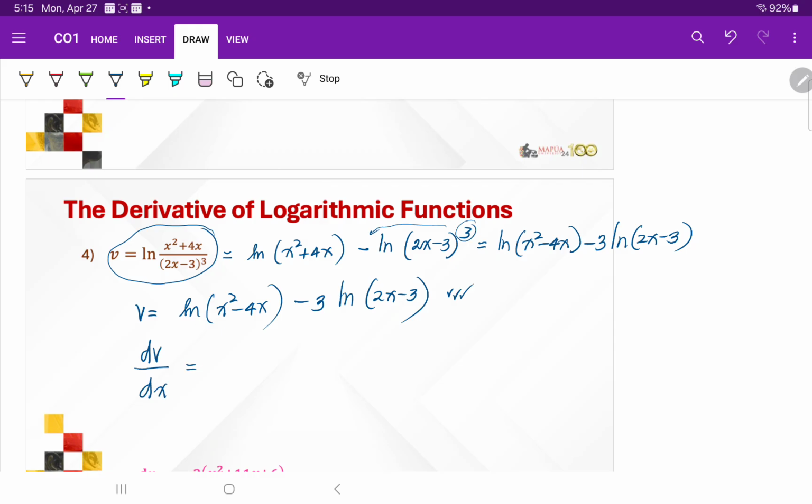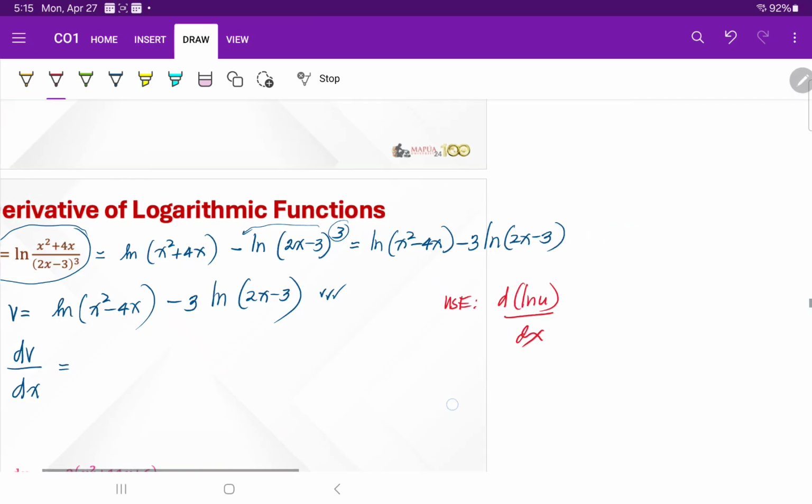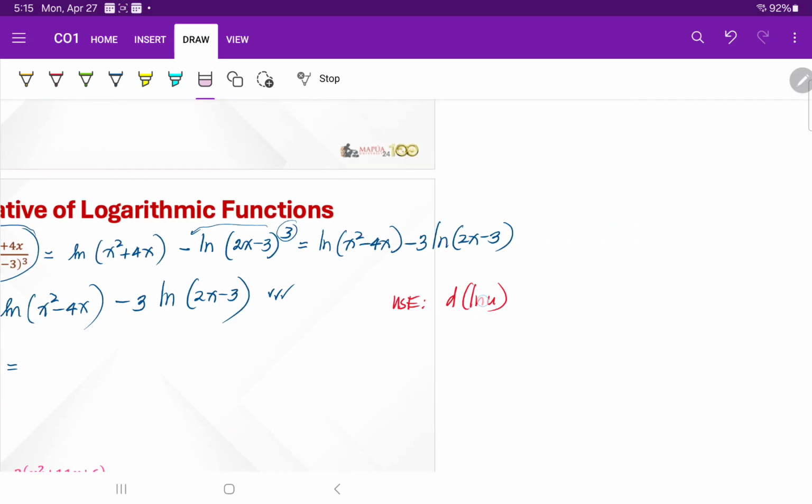So we use here the derivative of what? What formula will you use here? We use the derivative of ln of u is equal to what? Okay, let's just write: derivative of ln of u is 1 over u du dx.